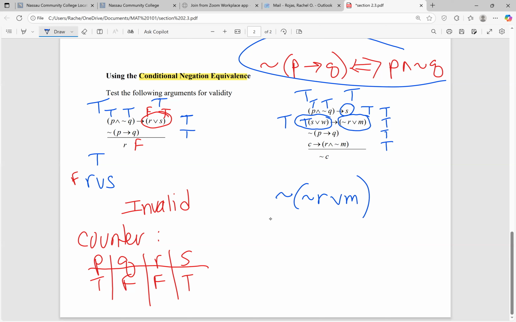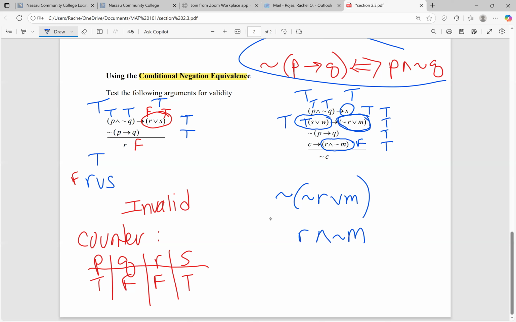So what if we negated the right-hand side of this conditional in the second premise, not R or M? If we negated it, then that would be not not R, which is R, and a not M. And that's exactly what we have right here. So it's the negation of this statement up here. And it's true. So the negated value would be false.